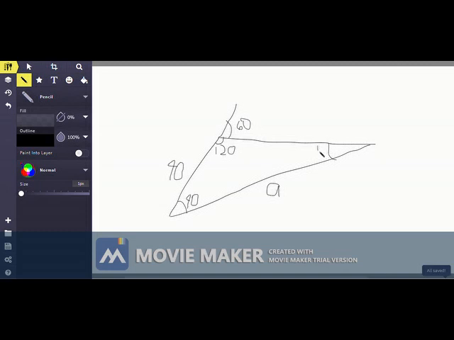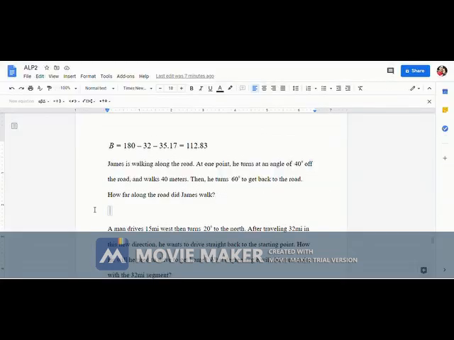We'll make that angle B, and then we'll use the law of sines to find the length that he walked along the road. Since we have an angle of 40 and an angle of 120, angle B equals 180 minus 120 minus 40, and that equals 20 degrees.